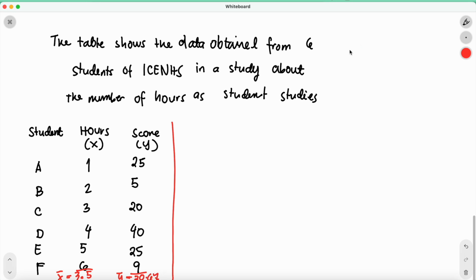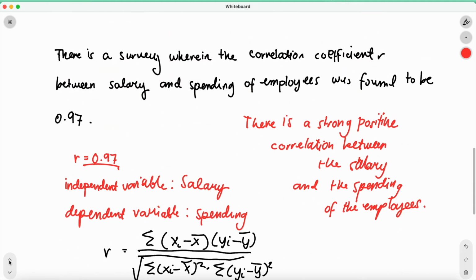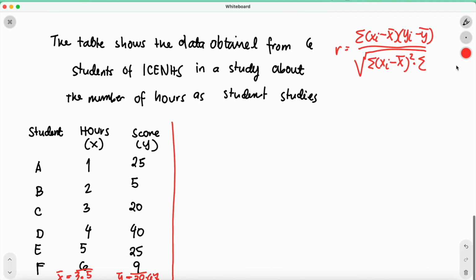Now, note that our R here is the summation of x sub i minus x bar times y sub i minus y bar over the square root of x sub i minus x bar squared times y sub i minus y bar squared.